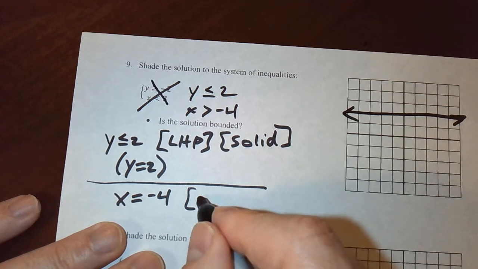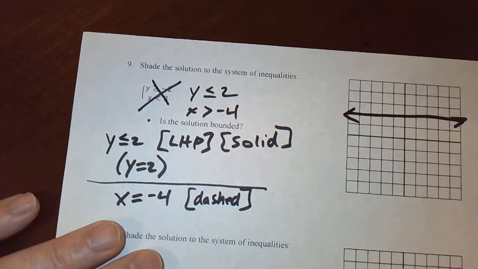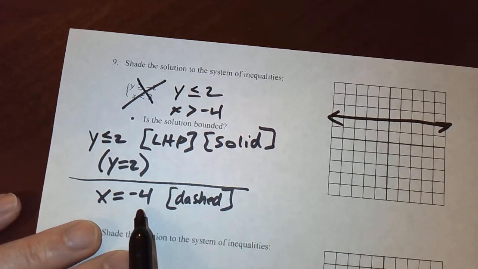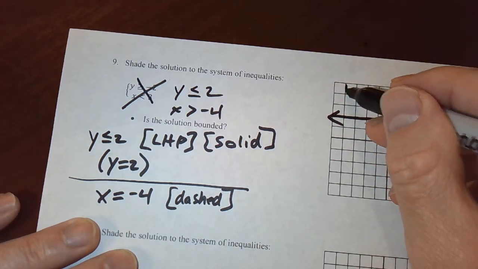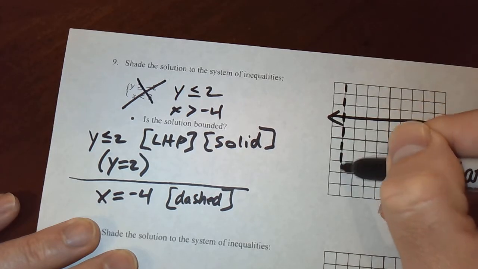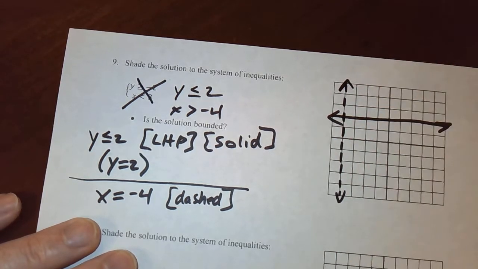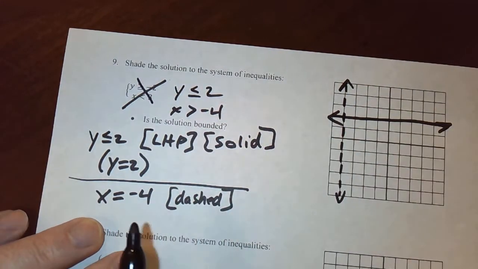So I'm going to put a dashed line, and I'm going to write RHP for right half plane. Let's dash the vertical line at x equals -4. 1, 2, 3, -4. And greater than means it would be the right half plane.